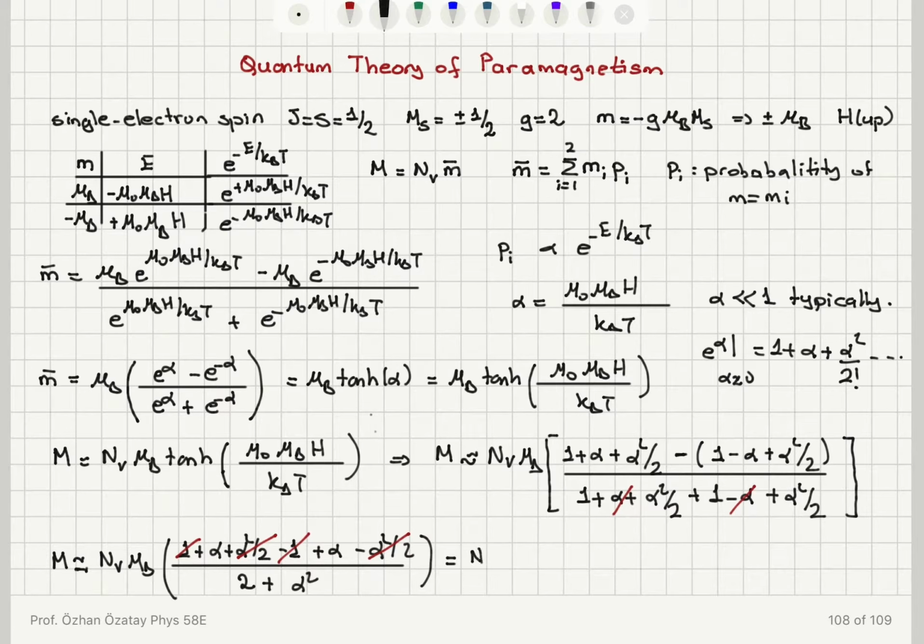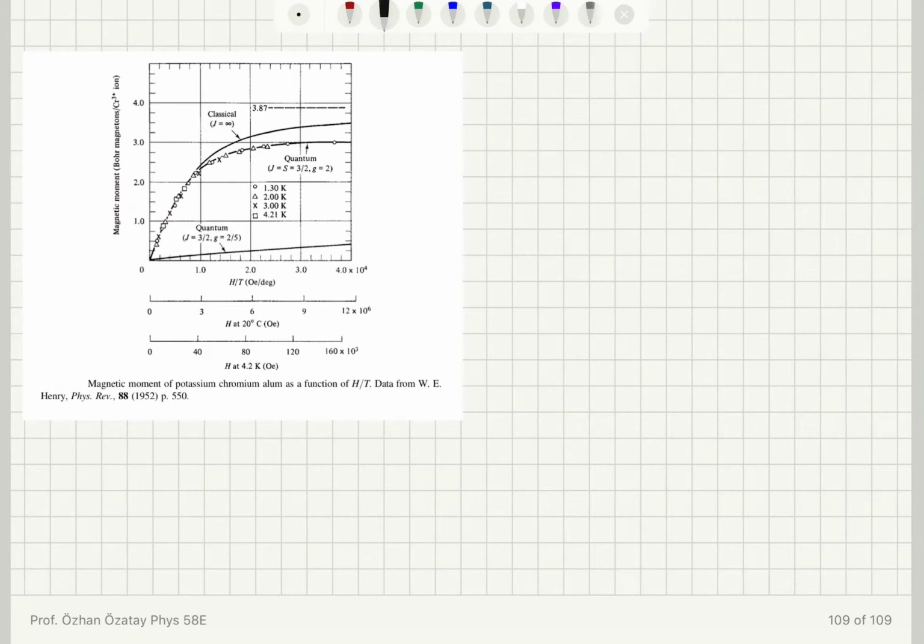So this would be number density Bohr magneton times 2 alpha divided by 2 plus alpha square, but now alpha is much less than 1, then alpha square is much less than 2. So I can basically write for the total magnetic moment number density Bohr magneton multiplied with 2 alpha divided by 2, so these will cancel.